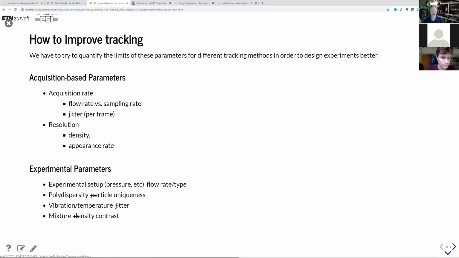So what we can do, first of all, is find the limitations to improve our tracking performance. On one side, we can play with the parameters at the acquisition, so how fast we acquire. It's easier to find an object which is close than one that is further away. So if we can increase the frame rate, meaning the travel distance of the items is shorter, it makes it easier to find the right one.